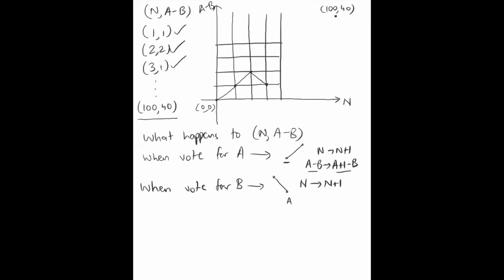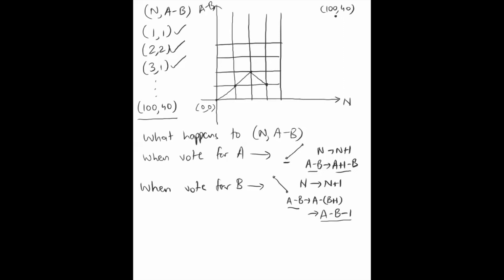Now A minus B becomes A minus B plus 1, because there is one more vote for B, so we have to subtract B plus 1 votes from A. This is the same as saying A minus B minus 1, so A minus B reduces by 1. I hope this is clear.